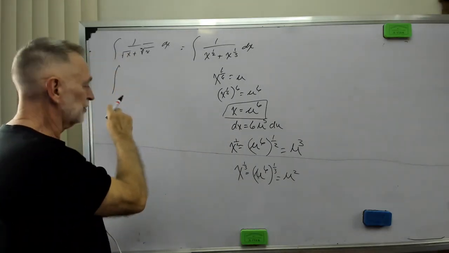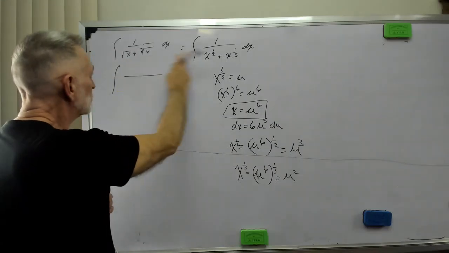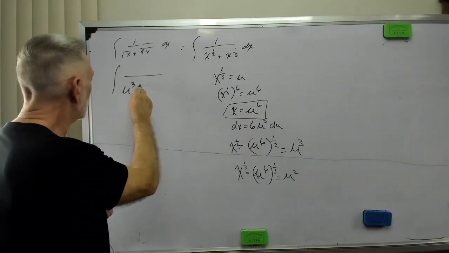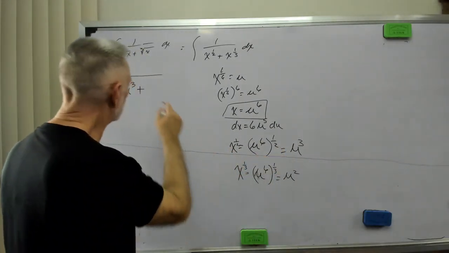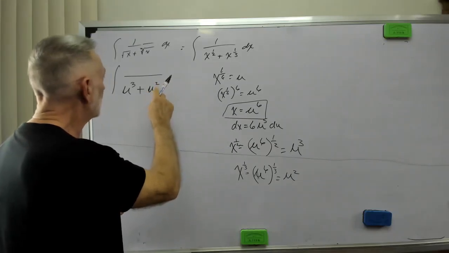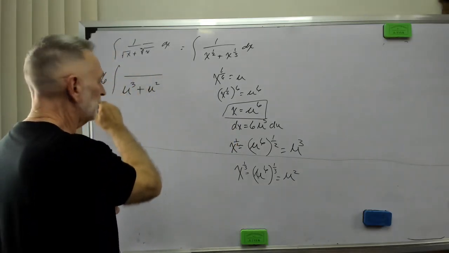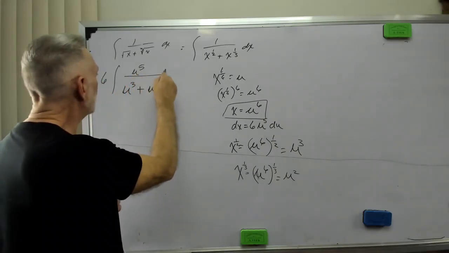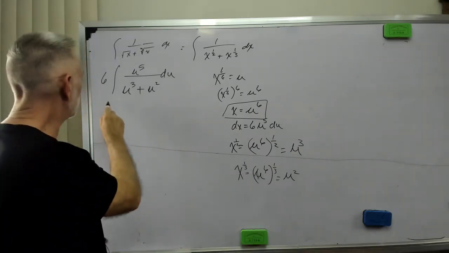Okay, let's take this all to the u world. x to the 1/2 was u cubed, plus x to the 1/3, which was u squared. dx is 6u to the 5th du. I'll put the 6 to the outside. You can already see it shaping up.